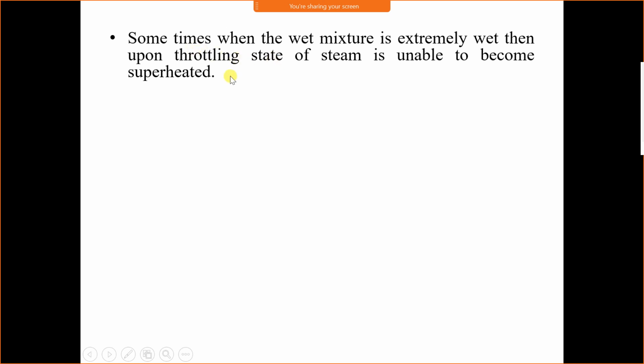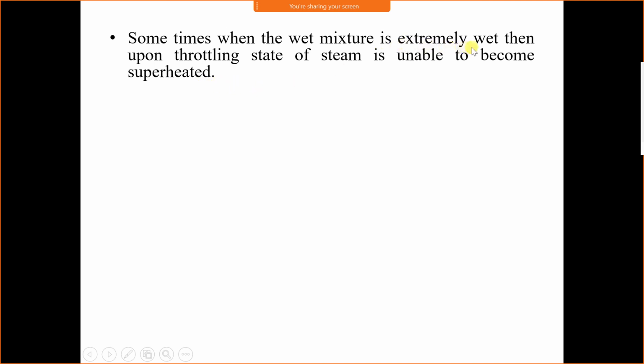Let's look at the theory of the combined separating and throttling calorimeter. Sometimes when the wet steam is extremely wet, upon throttling the steam is unable to become superheated.